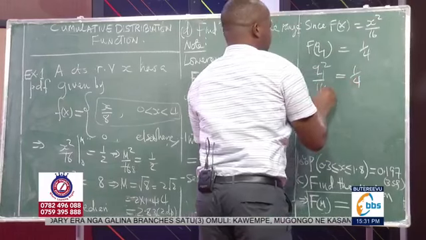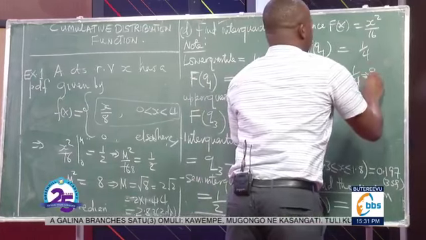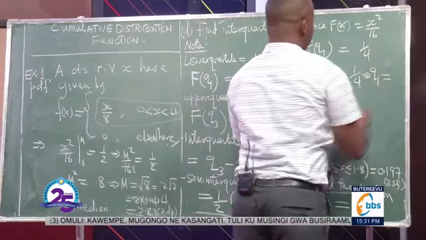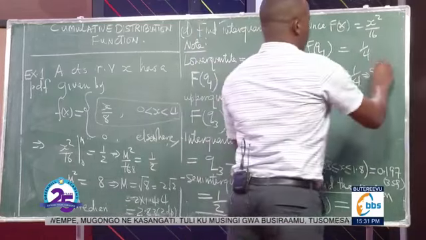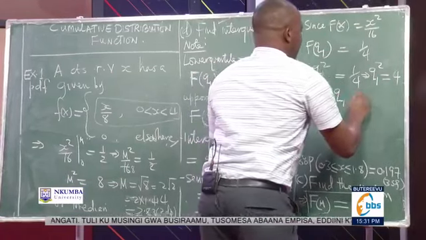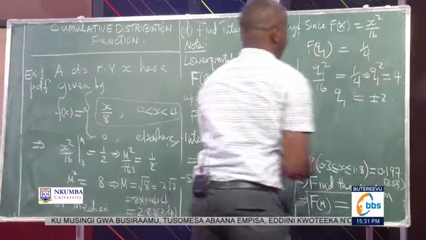And this implies that Q1 squared is going to be equal to 4, and therefore my Q1 is plus or minus 2.